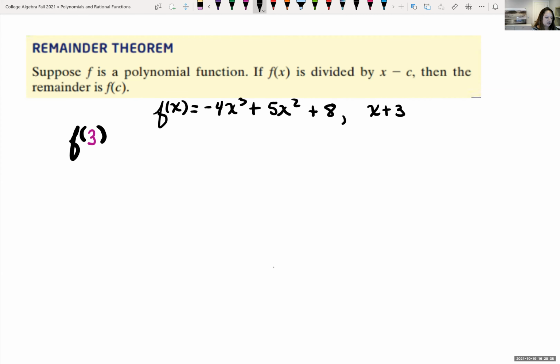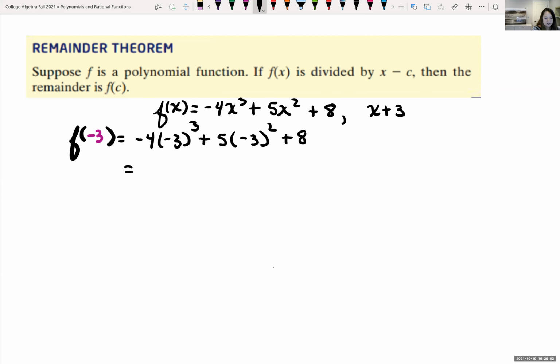So I'm sorry, this shouldn't be, it should be negative 3 in here, not positive 3. Okay, so wherever we see an x, we're going to plug in negative 3. So I have negative 4 times negative 3 quantity cubed plus 5 times negative 3 squared plus 8.